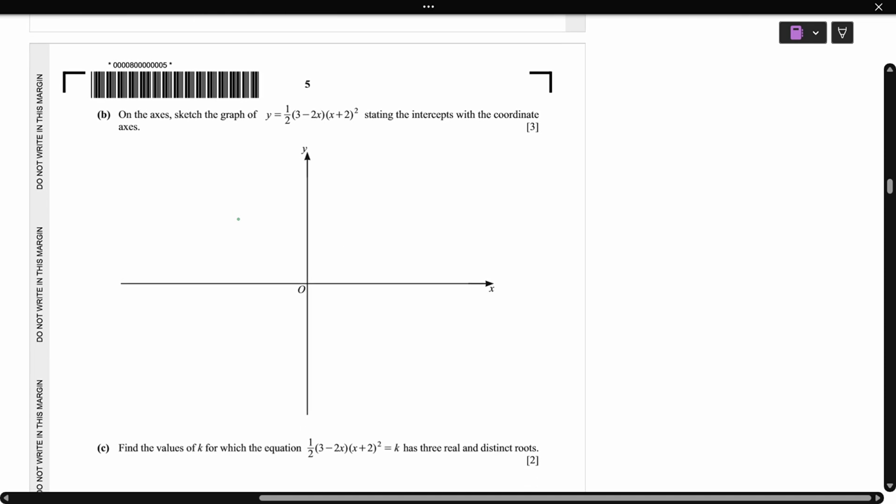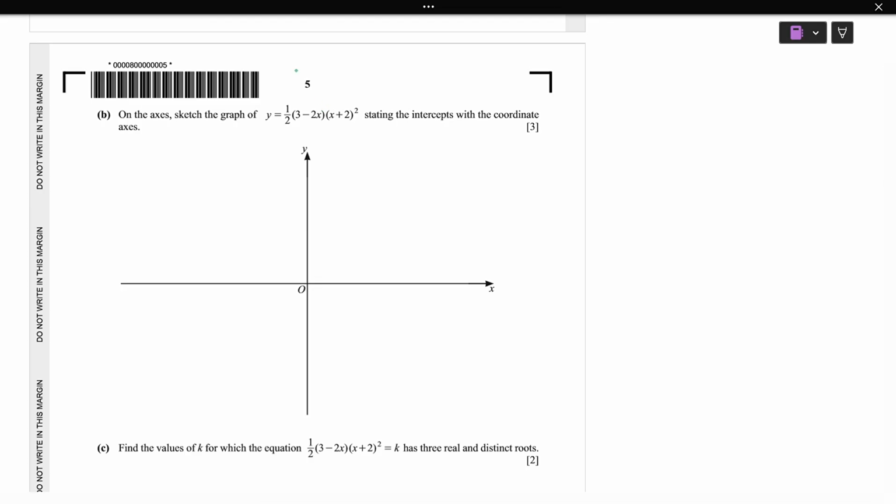Okay, now to sketch the graph, the same equation as before. So we need to sketch the graph. After expanding, we got the equation negative x cube minus 5 by 2 x square plus 2x plus 6. That is the final answer. So the leading coefficient is negative, so we'll get the negative graph.